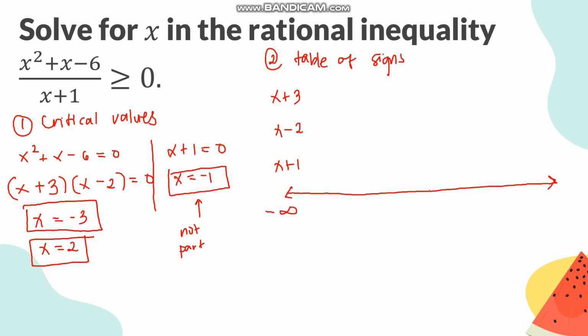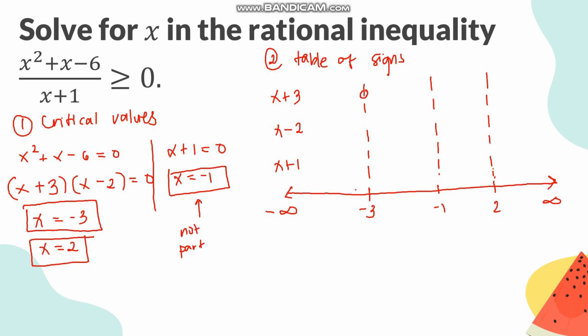Negative infinity, positive infinity. So the values of x we have are -3, -1, 2. Of course -3 will be the first one here, then -1, and then +2. If the expression is x plus 3, it will be equal to 0 if x is -3.